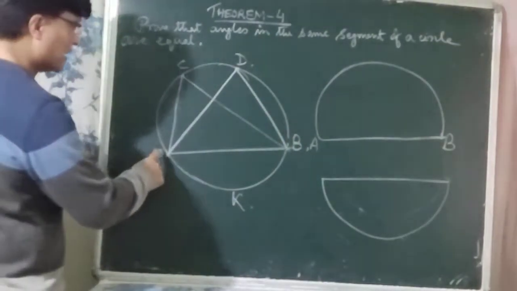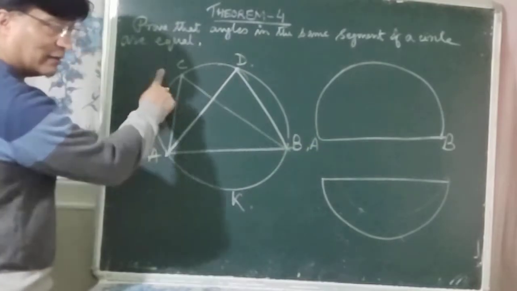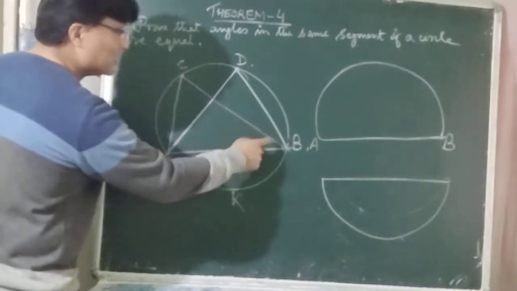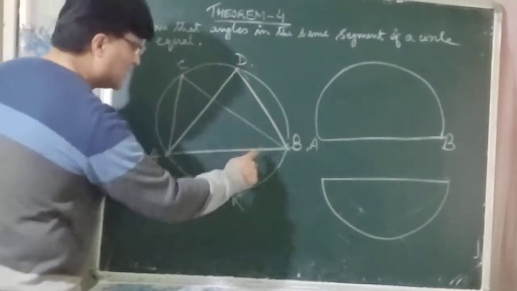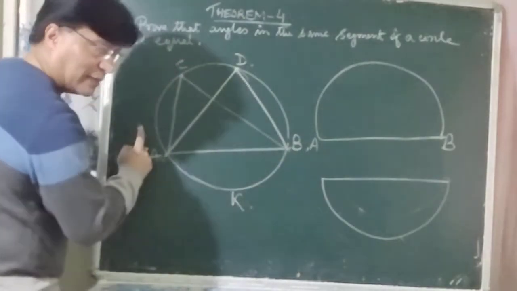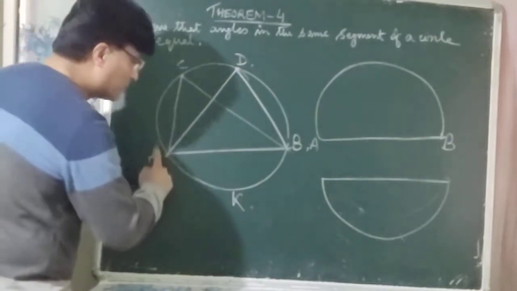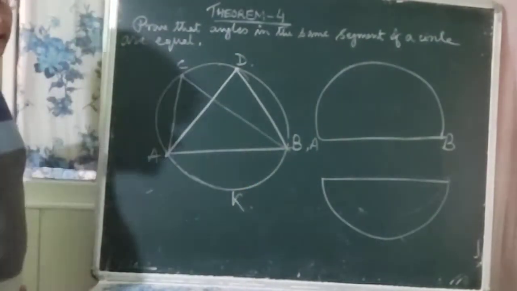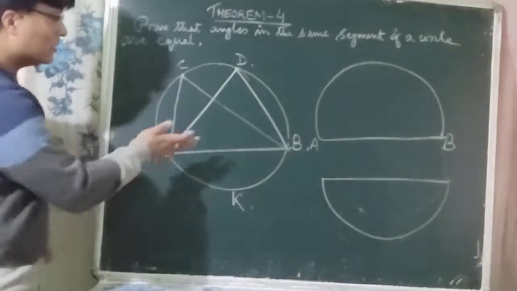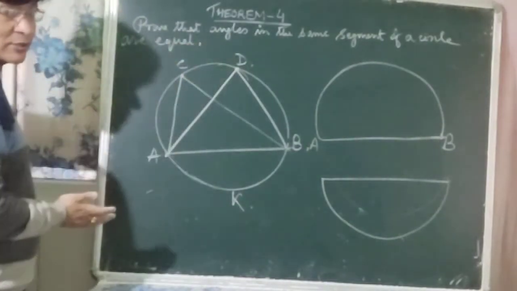Now in this case, angle ACB is the angle subtended by the arc AKB, and also angle ADB is the angle subtended by the same arc AKB. And now they are on the same segment of the circle, isn't it?